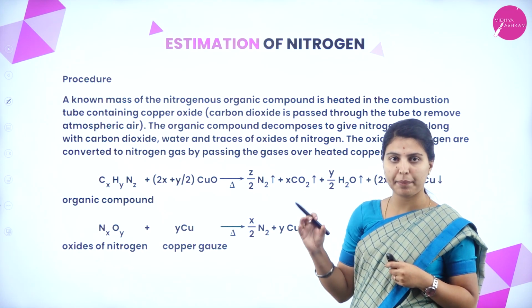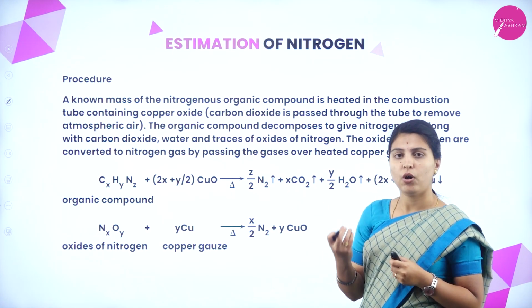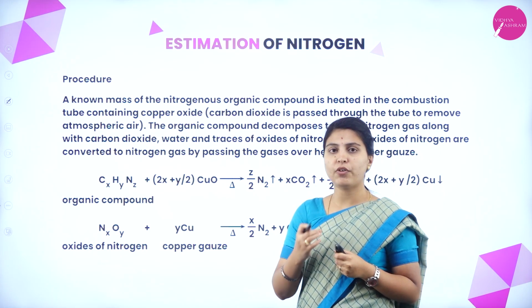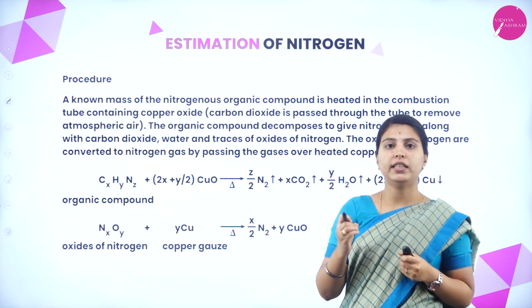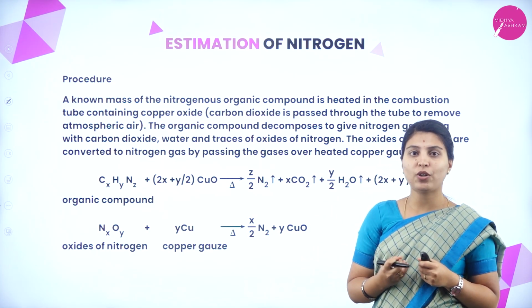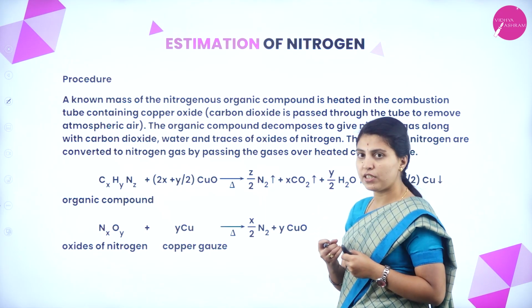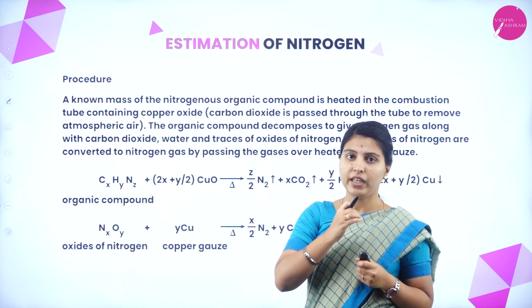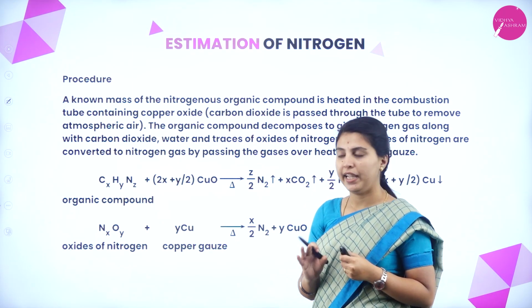You have already seen the apparatus. They are doing the same thing as the principle we have already discussed. A known mass of nitrogenous organic compound is taken and treated with cupric oxide, in the presence of carbon dioxide, which is passed to remove the atmospheric air.